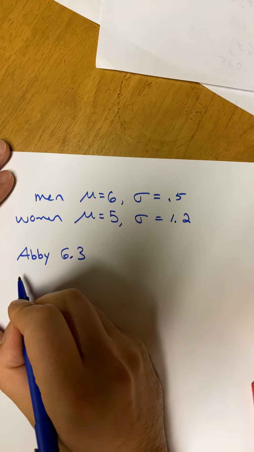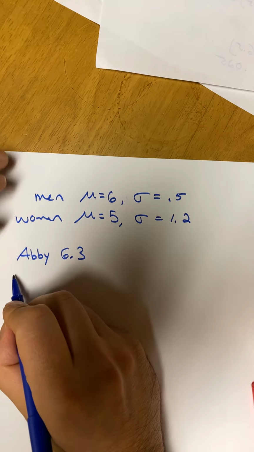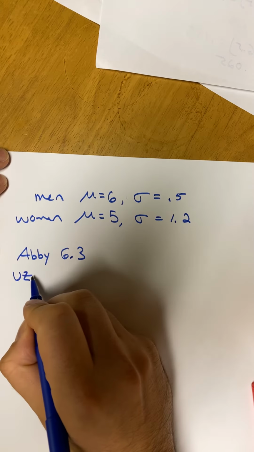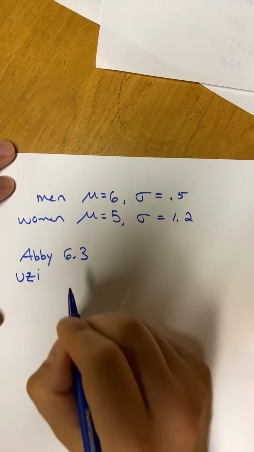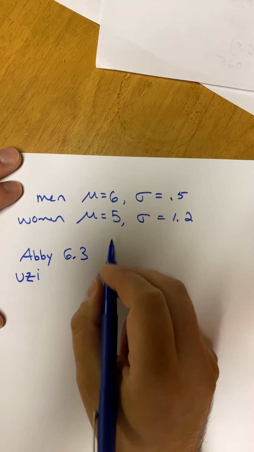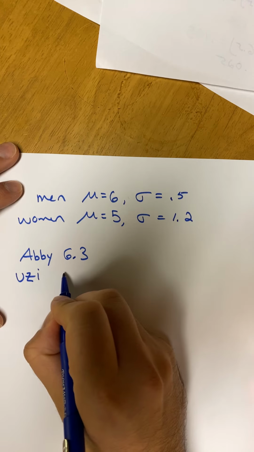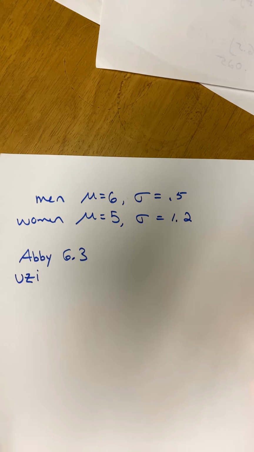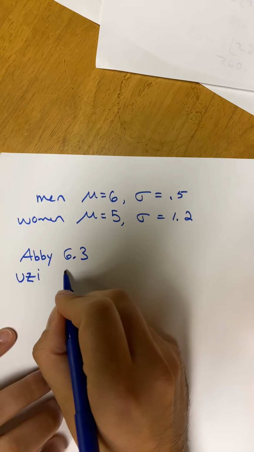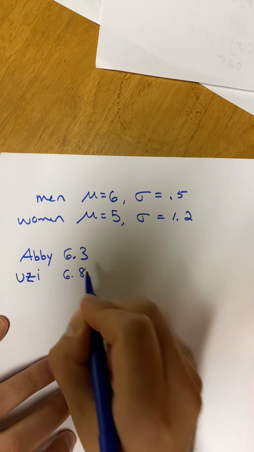And let's see, Uzi, I hope I spelled that right. I know I didn't, sorry, Uzi. Has a shoe size of 7. Actually, wait. Let me think about this. All right, Uzi's going to have 6.8.